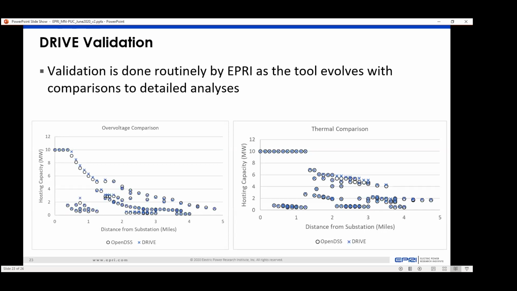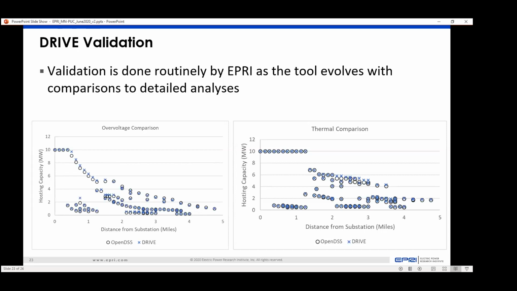And in most cases, a detailed study would be taking whatever hosting capacity results you have, say from Drive, plugging that DER with the characteristics you want back into your analysis and seeing, well, was that truly our hosting capacity? Do I see a violation occur? Am I close to the violation or am I way over?